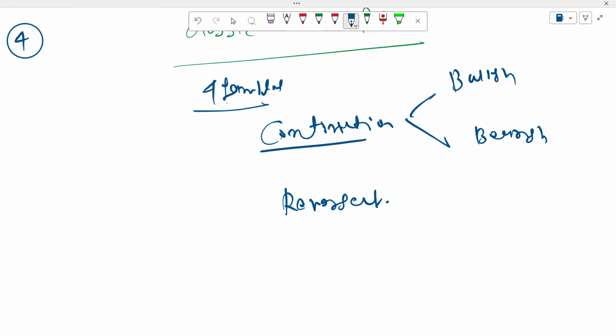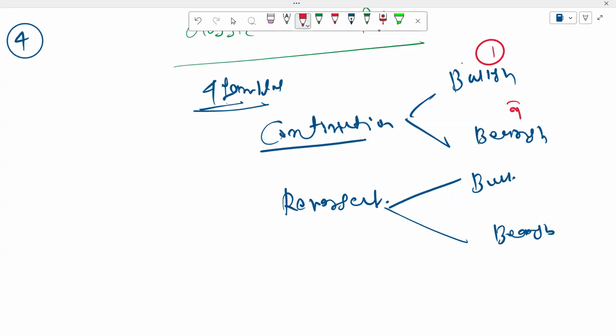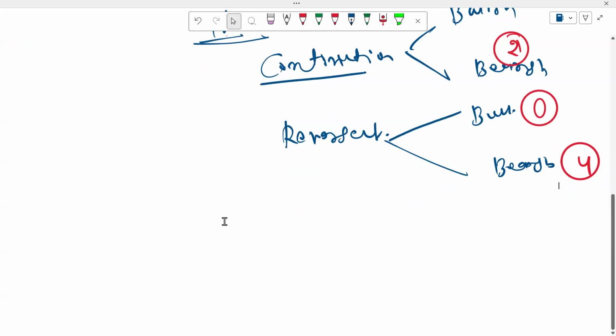And in reversal also we have bullish reversal or bearish reversal. So we have four families of the classic chart pattern. First is the bullish continuation, second the bearish continuation, number three is the bullish reversal, and number four is the bearish reversal.